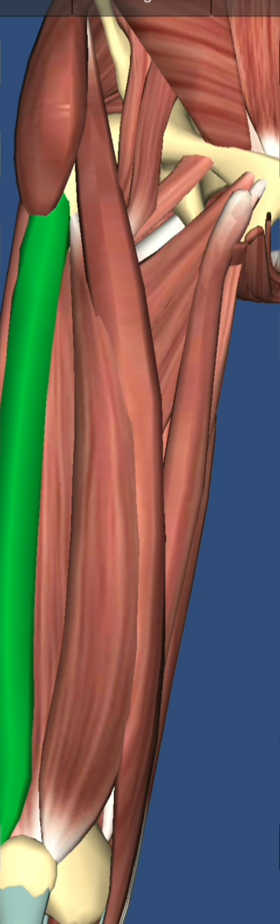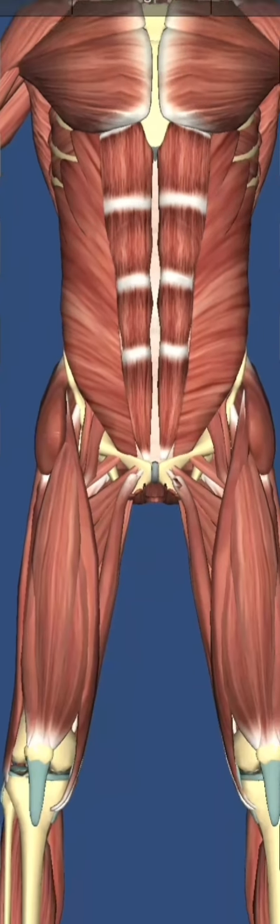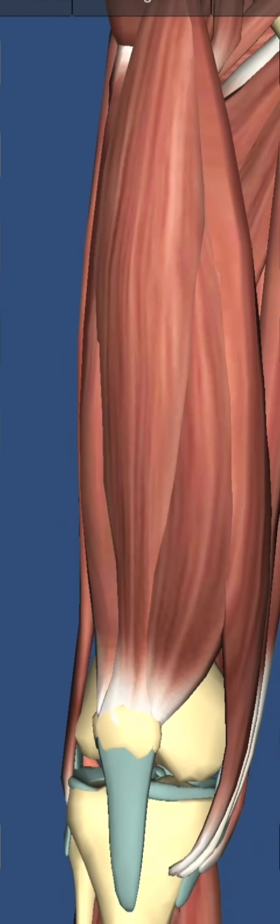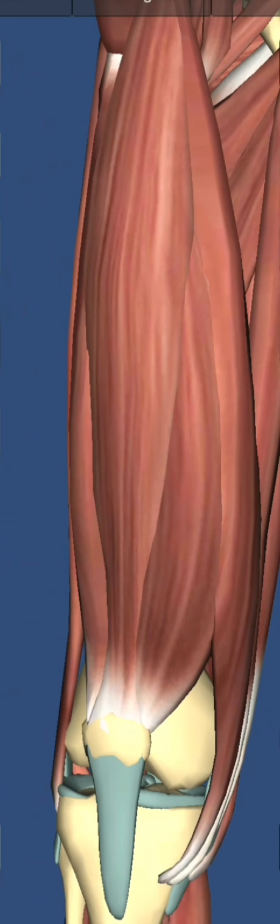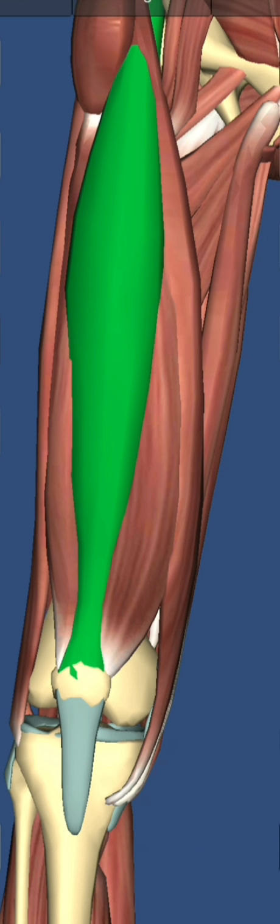So this muscle here, this one, and the one I moved away, the rectus femoris, all have a common attachment to the base of the patella. Talking about their innervation, they are all muscles of the anterior compartment, so it's fair to say that they are all innervated by the femoral nerve.